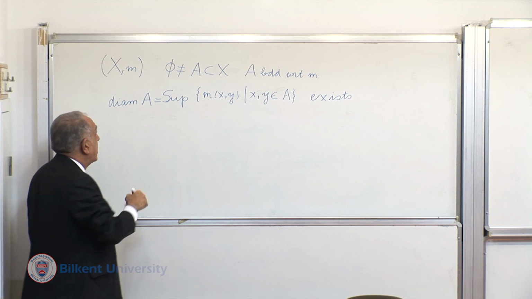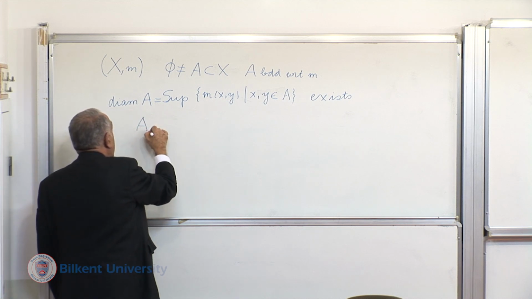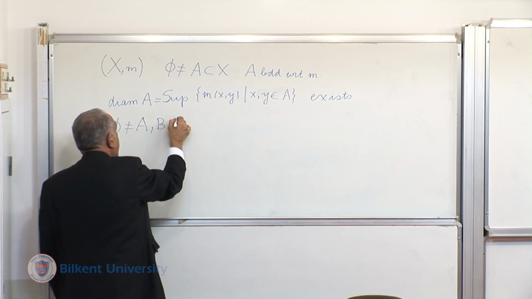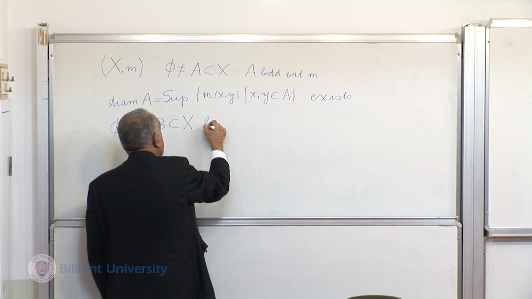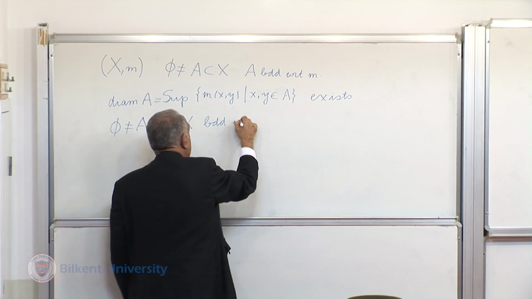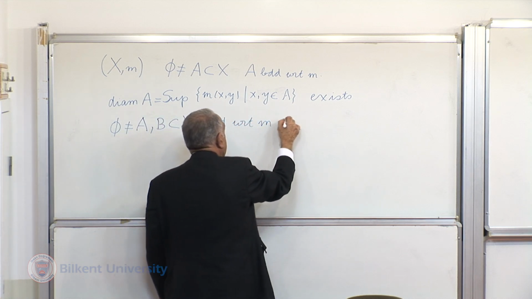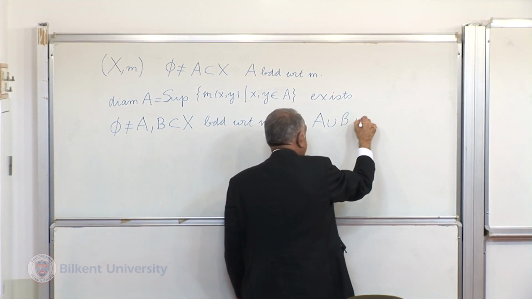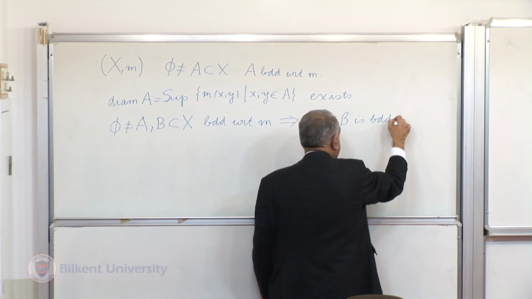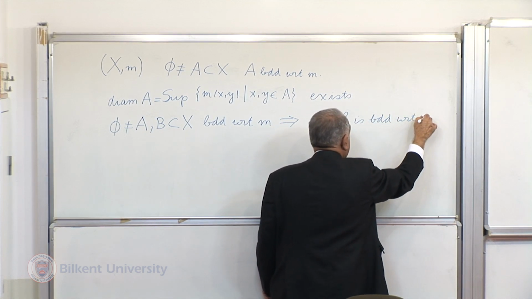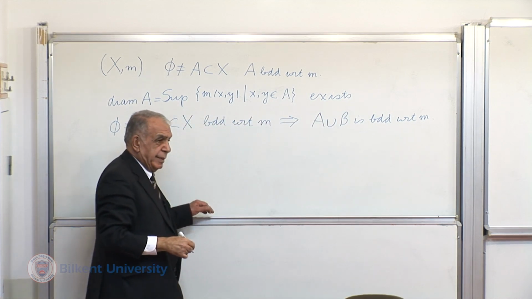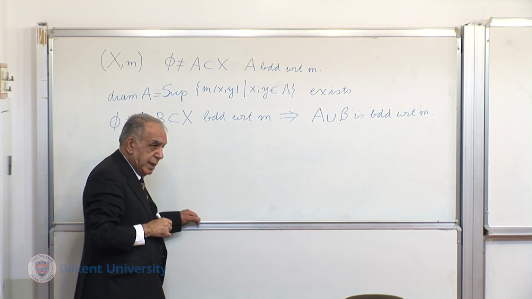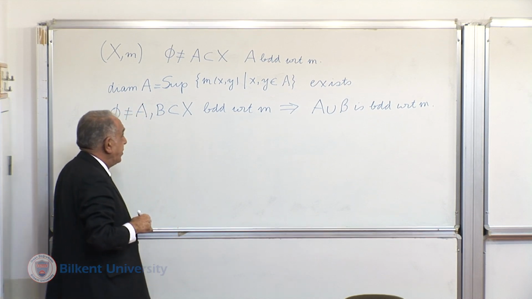The second part says if A and B are both non-empty subsets of X, both bounded with respect to M, this implies that A union B is bounded with respect to M. That was the statement which was to be proven in the second part of the question.